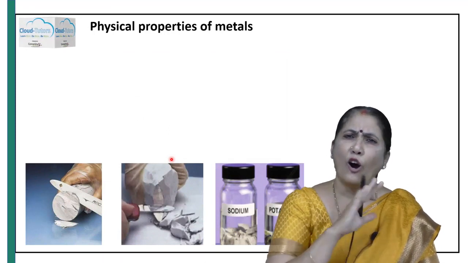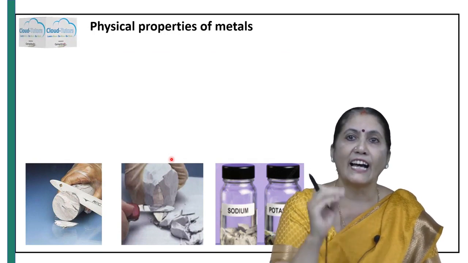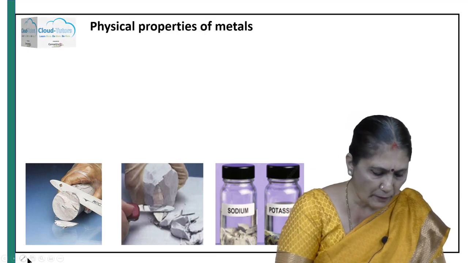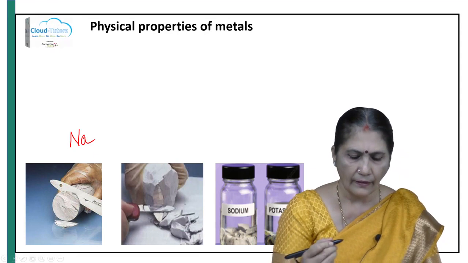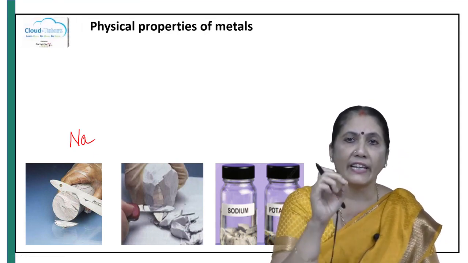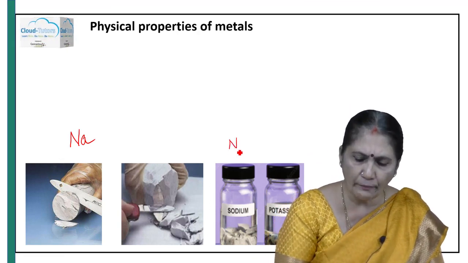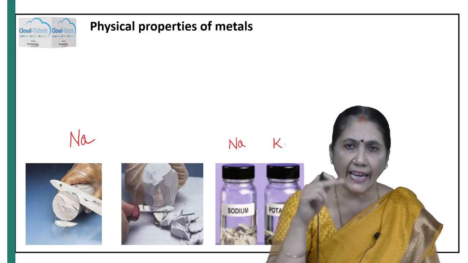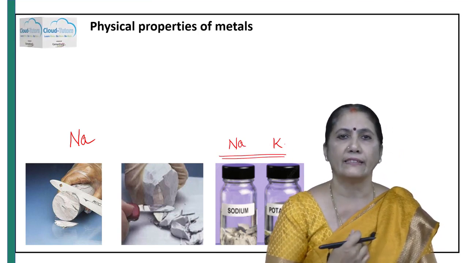Now, all metals are not hard. Again, there are some exceptional cases. There is a metal which is given by the symbol Na, sodium. It can be very easily cut with a knife because it is very, very soft in nature. And these metals, sodium and potassium, which is represented by K, are highly reactive metals.